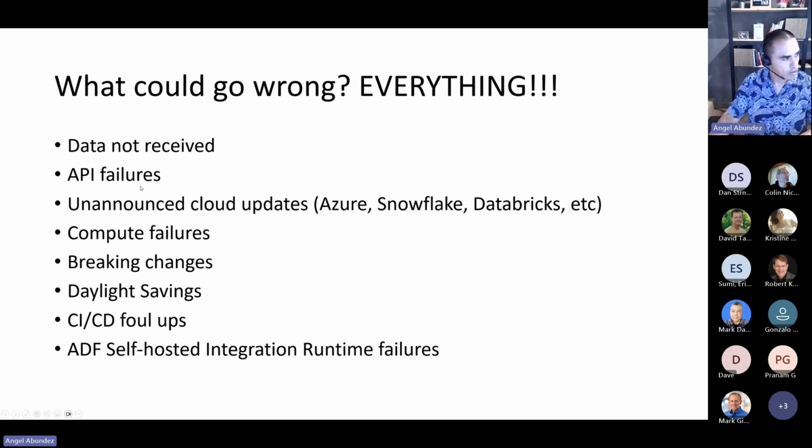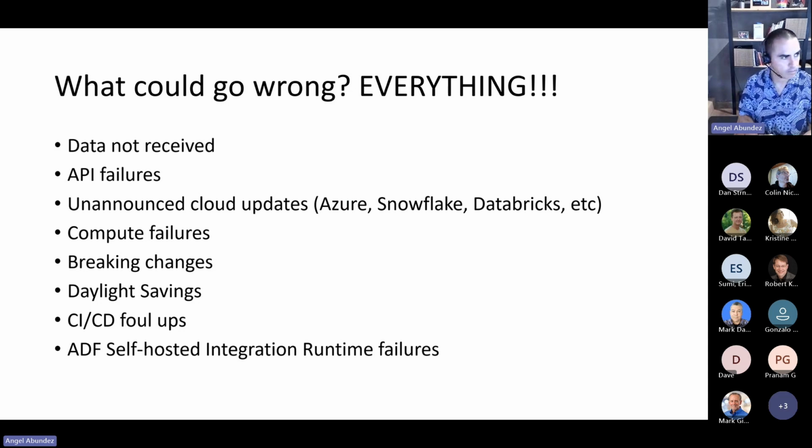API failures. This is something I learned here recently, in the last couple of years: with APIs, you better count on them failing, because that's how cloud technology is. Whether it's Amazon, Google, or Microsoft, I don't care what vendor you use, there are going to be failures for whatever reason.